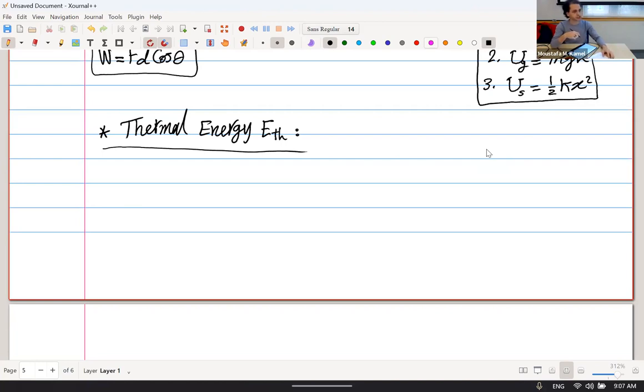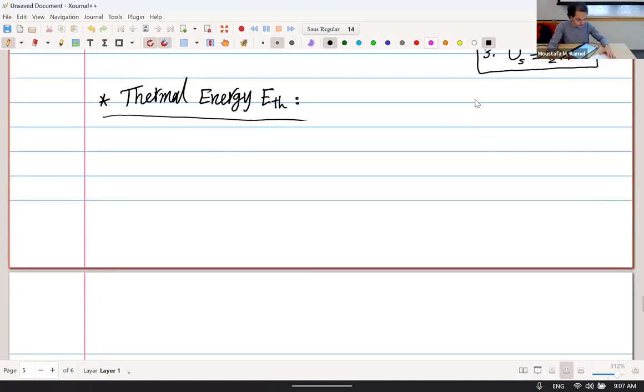And this is usually associated with friction, okay? So let's assume we are pulling a box on ground that has friction. We are pulling that box with a force along the same direction of displacement.